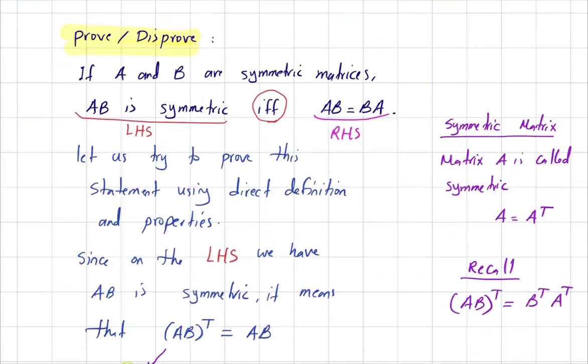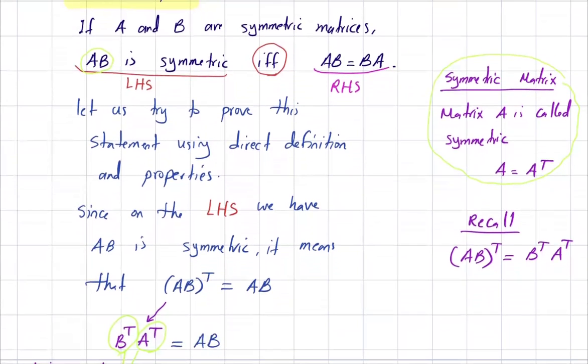We have a statement. If A and B are symmetric matrices, AB, the multiplication between them, is symmetric if and only if AB is equal to BA. We started by taking the left-hand side and proving right-hand side. You could also take right-hand side and prove left-hand side. We remind ourselves of the definition of symmetric matrix. On the left-hand side of if and only if, we have AB as a symmetric matrix.